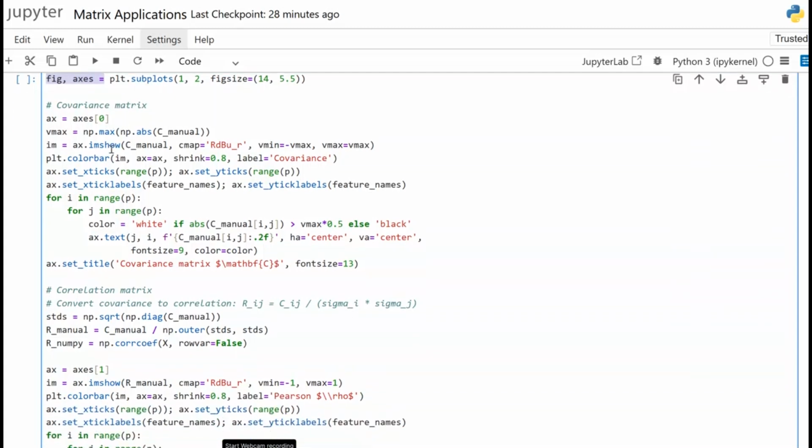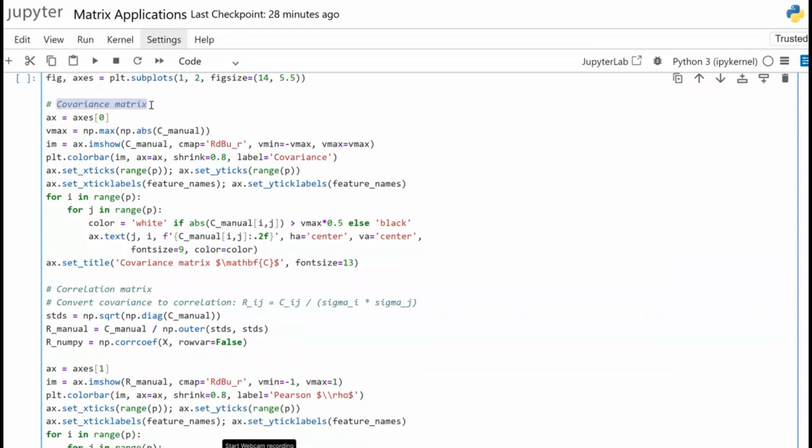Okay, so here let me go with the covariance matrix. So yes, dear friends, here we have axis 0, and we have specified np.max, that is numpy.max, and here I defined this im. See, this displays the covariance matrix as a heat map.